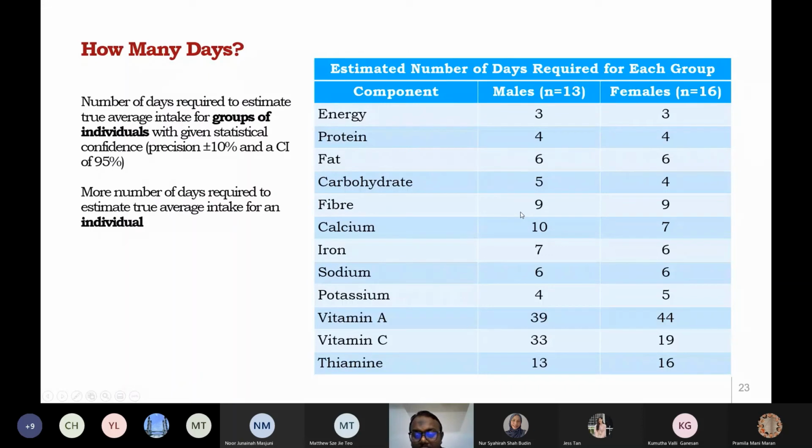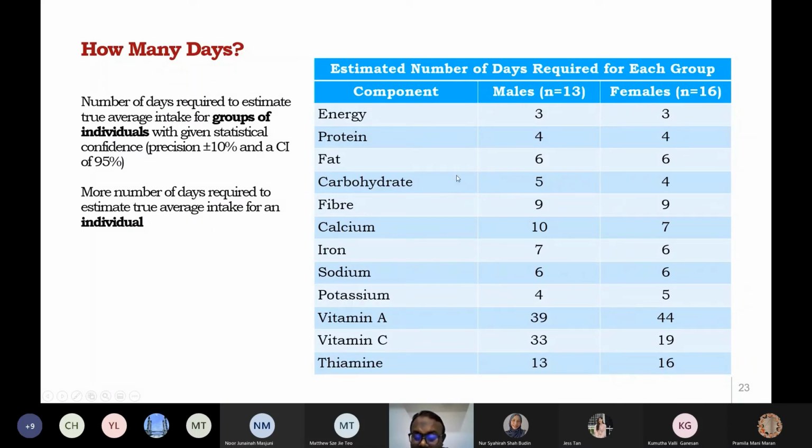So if you can see here, we need at least 6 days. So we can do a 7-day diet recall as a reference method, and our DHQ can be over 1 month. We can also do FFQ over 1 month.